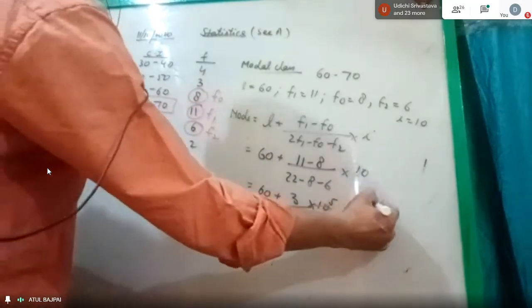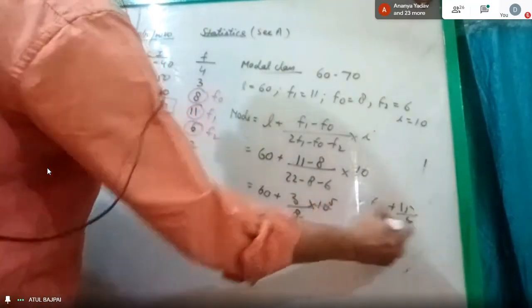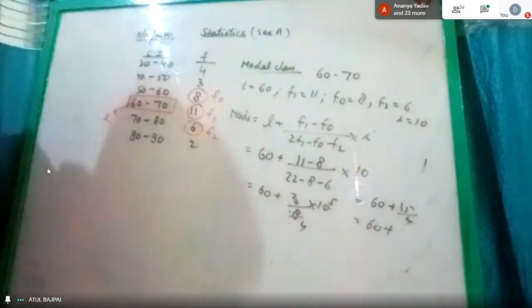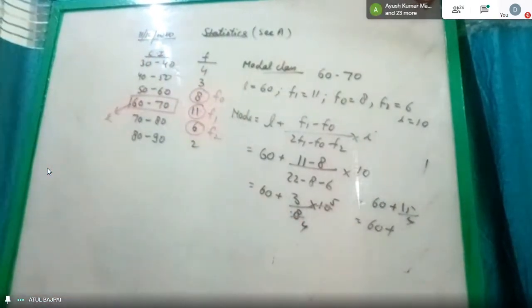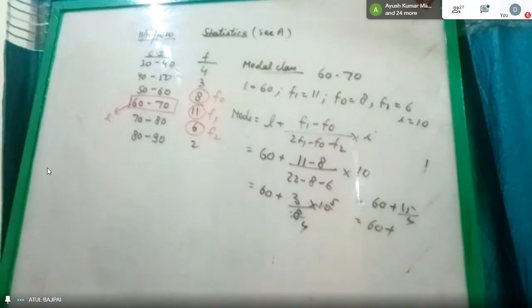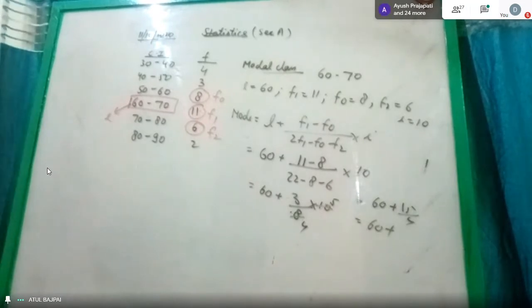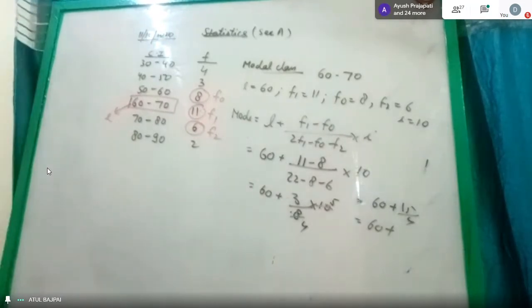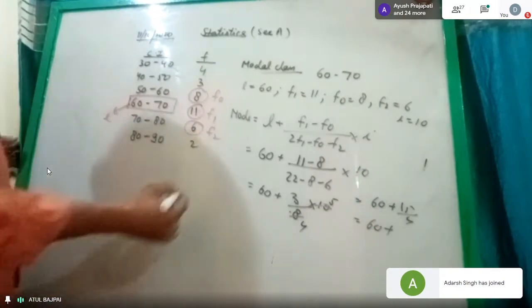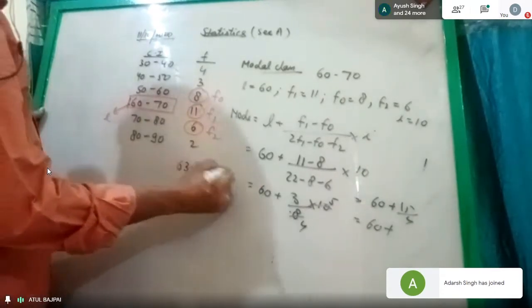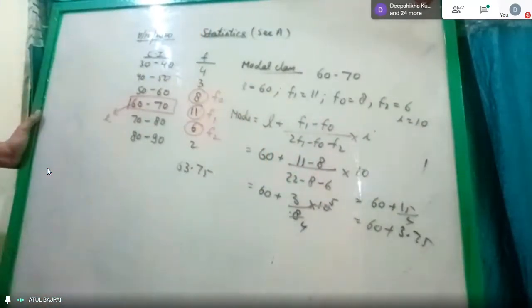We are left with 60 plus 15 upon 4. Final answer: 63.75. Very good. This is the mode.